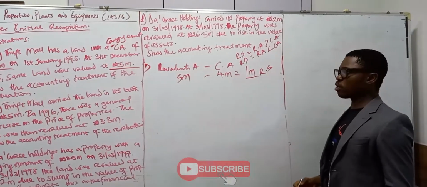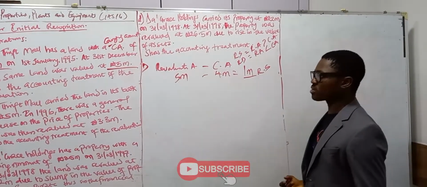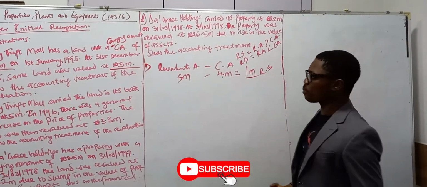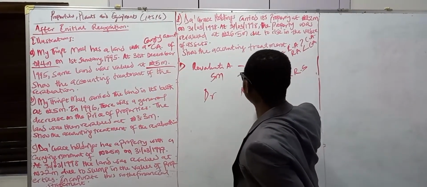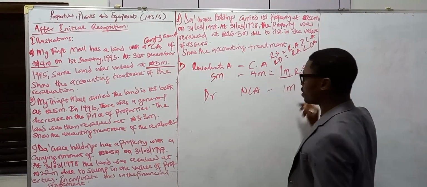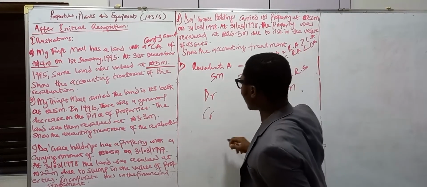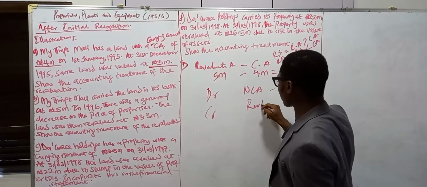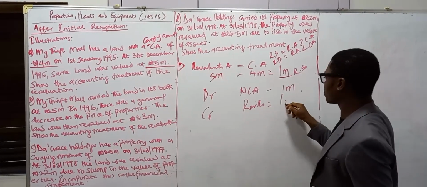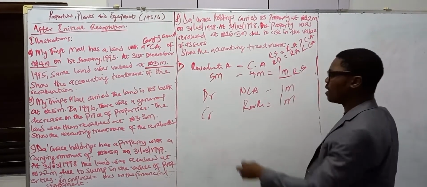As it's revaluation surplus, what's the accounting treatment? The non-current asset will be debited with 1 million naira, while the revaluation reserve will be credited with 1 million naira.